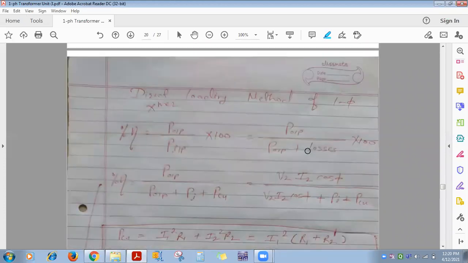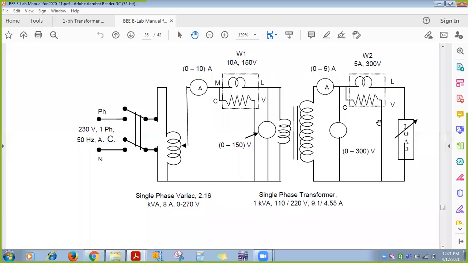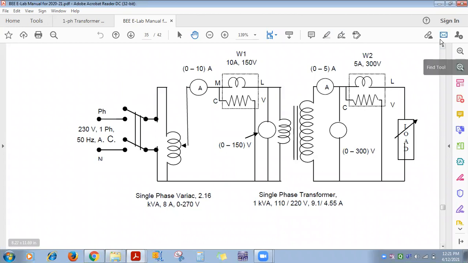Next one is efficiency. Direct loading method of transformer. So direct loading method of transformer, remember, direct loading method. What we do, one more file I will open.